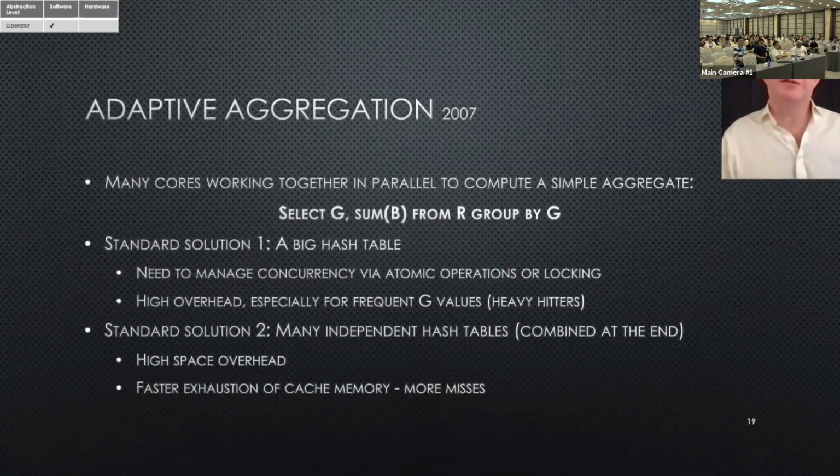So there are a couple of standard solutions to this. You could have one really big hash table that all of your threads concurrently update in order to compute your overall aggregate. In order to do this safely, you have to manage the concurrent access. Some threads might access common items, and you want to make sure they don't interfere with each other. You can do this either with locking or with atomic operations.